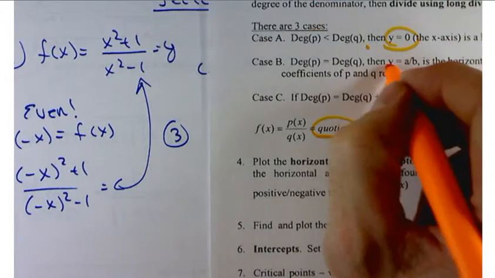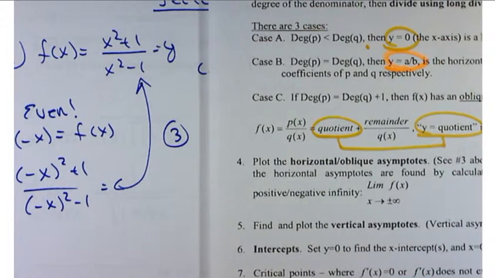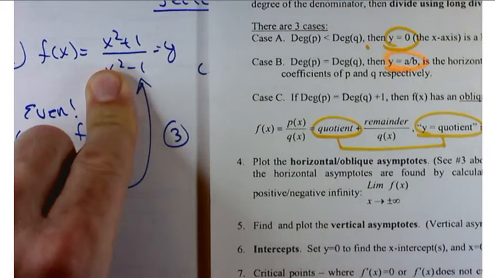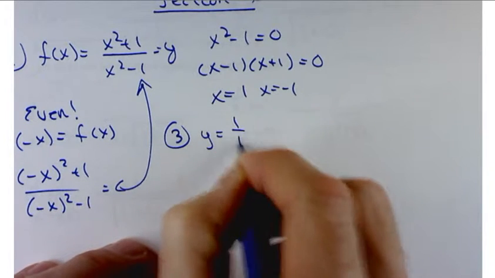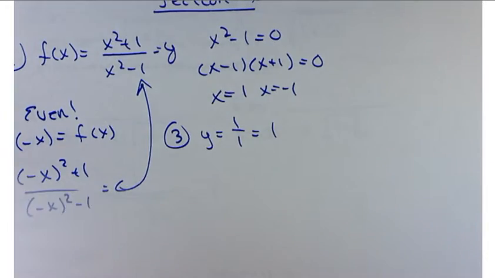So if that's the case, then we get y equals a over b is the horizontal asymptote. a and b are the leading coefficients of the numerator and denominator respectively. What's the horizontal asymptote here? Yeah, 1 over 1, or better yet, just 1. So y equals 1, that's going to be our horizontal asymptote.